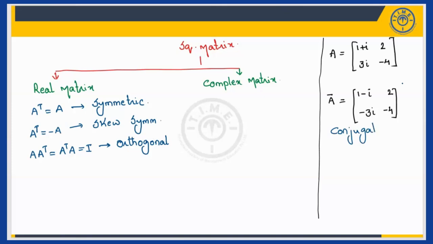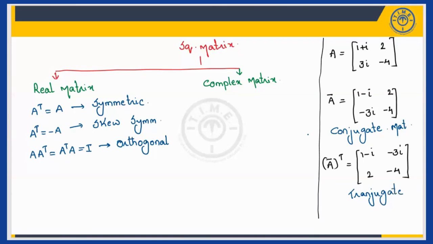And if I transpose this conjugate matrix, that is A conjugate whole transpose, then it is [1 minus i, negative 3i; 2, negative 4]. This we'll call the conjugate transpose, and that will be denoted with A theta or A star.